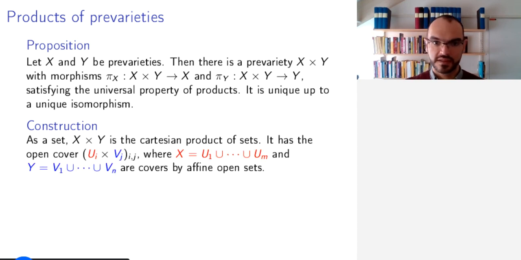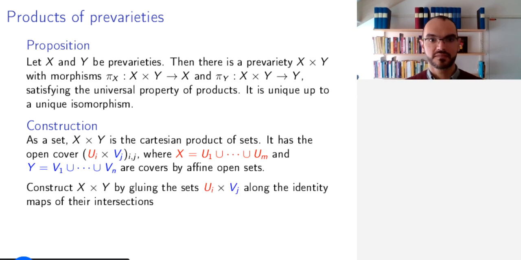And since we have an open cover of X and an open cover of Y, we will get an open cover of X times Y, where this product here is the product of affine varieties that we defined on the previous slide. And we are assuming that the U_i's and the V_j's are affine open sets covering X and Y respectively.